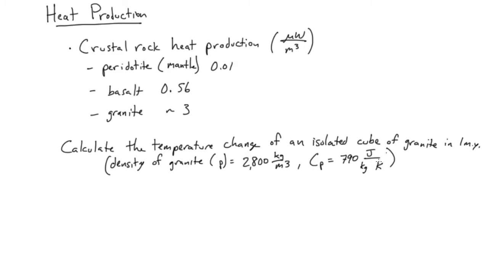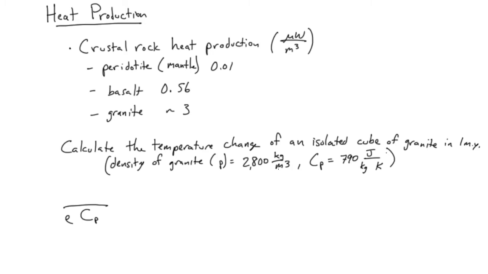Okay, so we're looking for a change in temperature. So Kelvin, we're going to want that in the numerator, right? So heat capacity is going to be in the denominator. Kilograms, we're going to want those to cancel out. And they will if the density is also in the denominator.